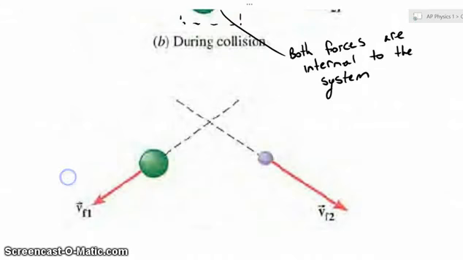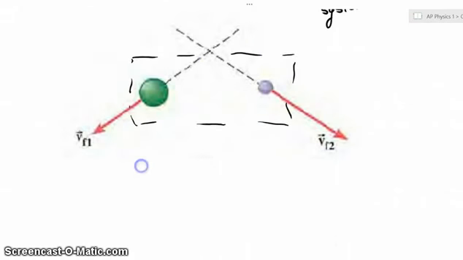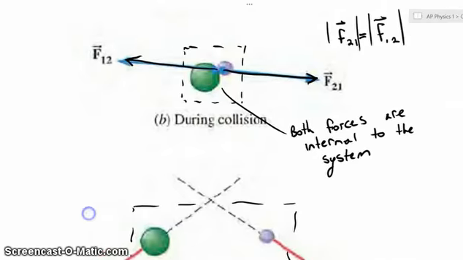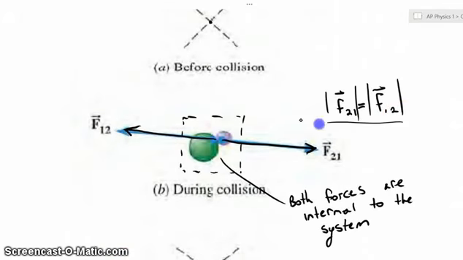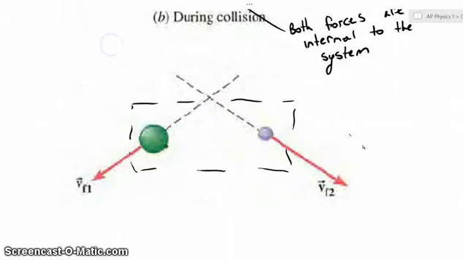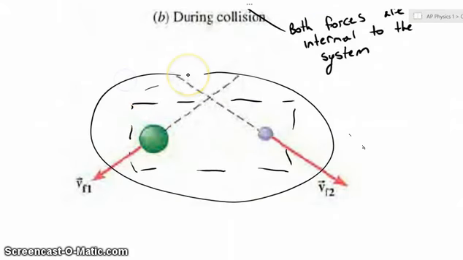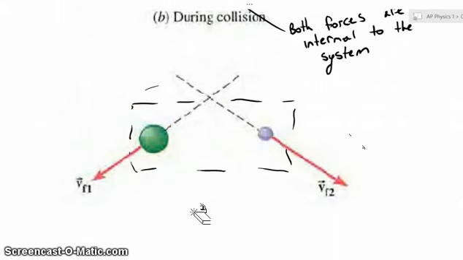But if we define the total system as being both objects, and so the total momentum is the sum of the momenta, both momentum of each object, then the impulse on the system would be zero, because if the two forces are equal in magnitude but opposite in direction by Newton's third law, then the total impulse of the entire system is zero, and so there can't be a change in momentum.